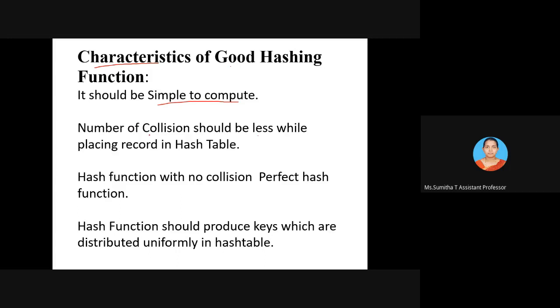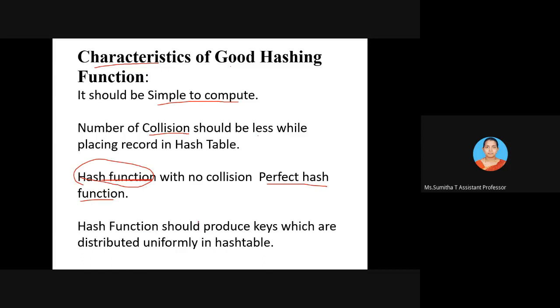We know what is meant by collision, right? A hash function with no collision is a perfect hash function. And the hash function should produce keys which are distributed uniformly in the hash table.